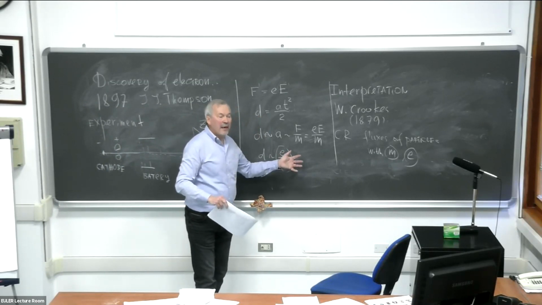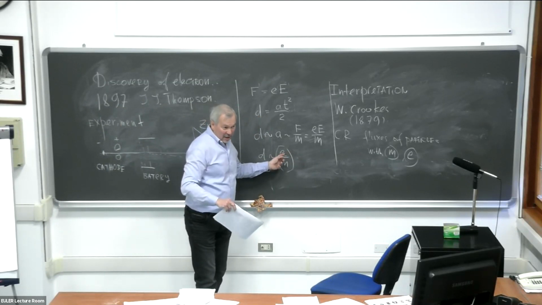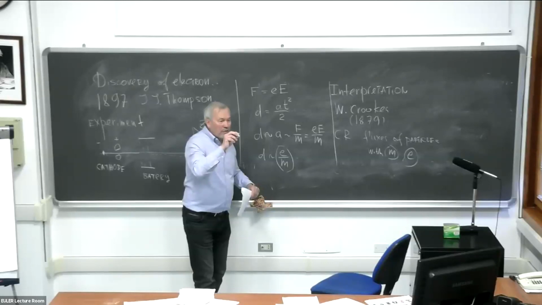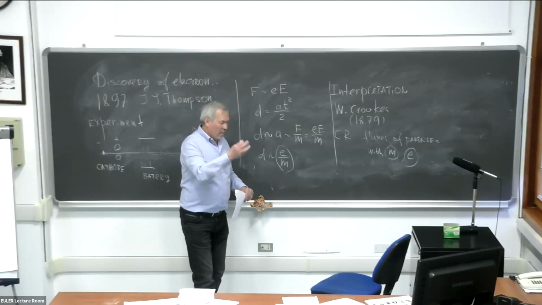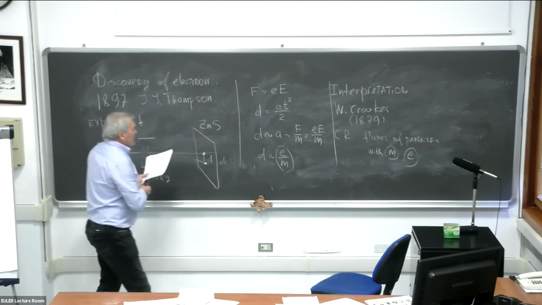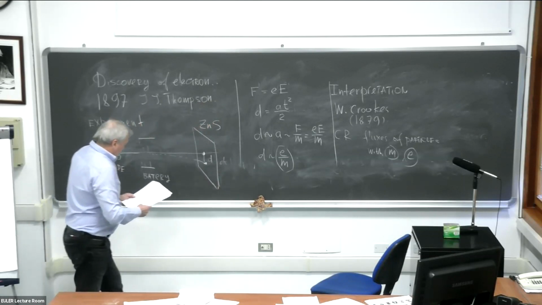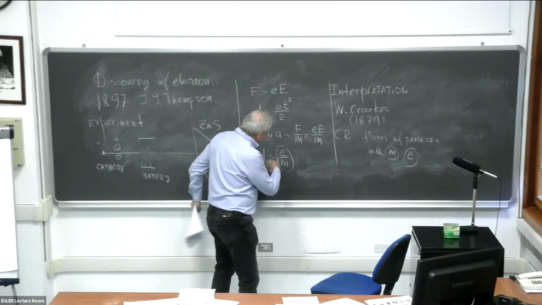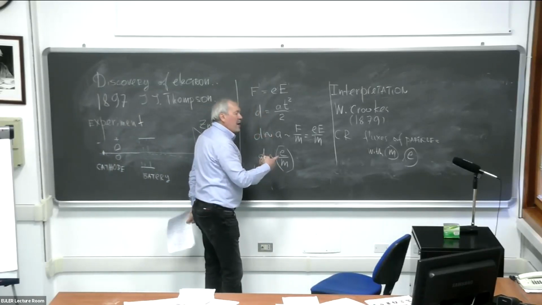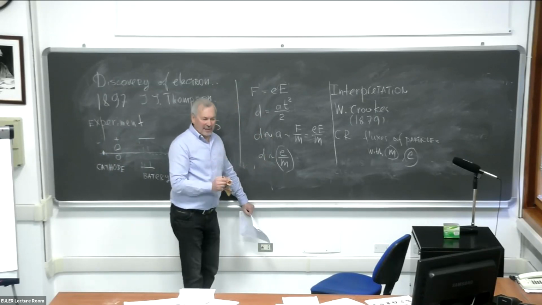Later, Millikan actually established what the electric charge is by studying the motion of charged droplets of oil. Probably those who studied this know the story. Millikan in 1911 measured E, the minimal electric charge.